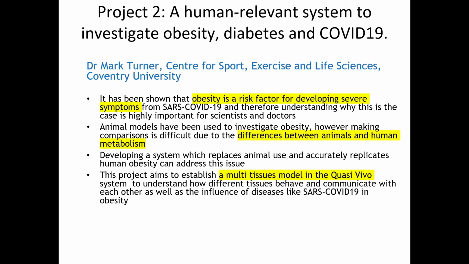The group are going to build a multi-tissue model using multiple chambers with the Quasi Vivo connected system. And I think it will be a general model, not just for SARS-CoV, but perhaps with wider application.